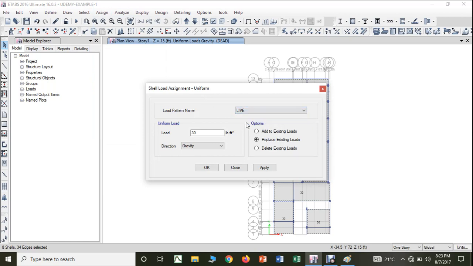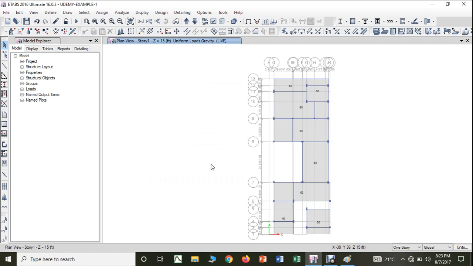There I have to convert 3 kilonewton per meter square into pounds per square feet, so that is almost 60. I have to give the value 60. Then I'll apply. So the live load of 60 is applied everywhere here.